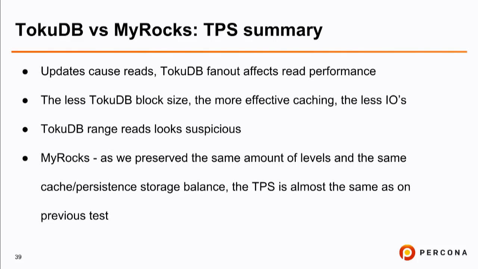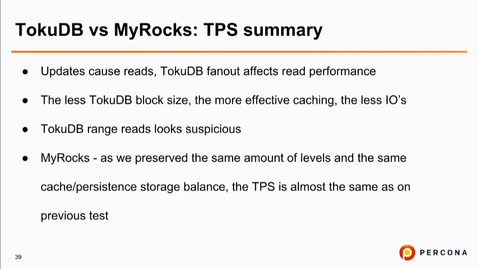Let's try to explain what's going on here. For TokuDB, updates cause reads. TokuDB fan out affects read performance. The smaller the TokuDB block size, the more effective the caching, the fewer the IOs. And for me, TokuDB range reads look very suspicious.